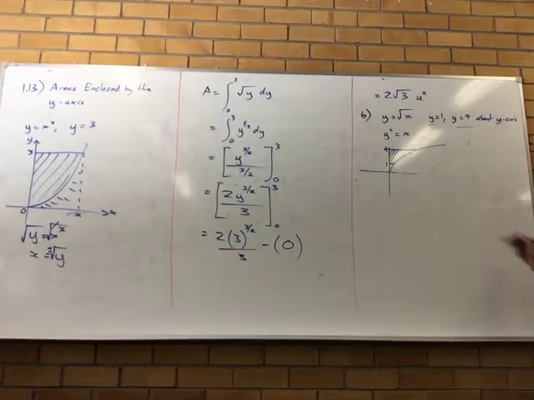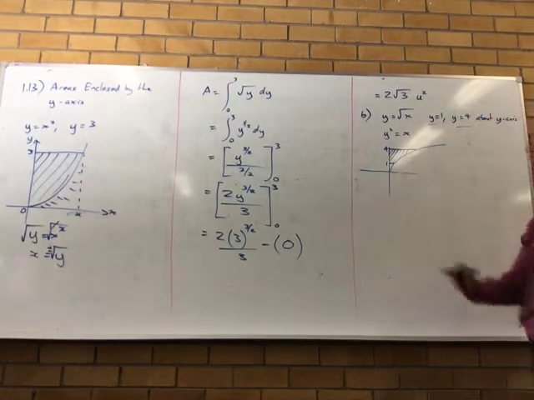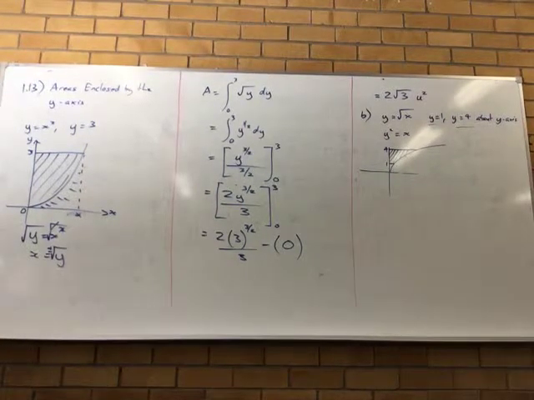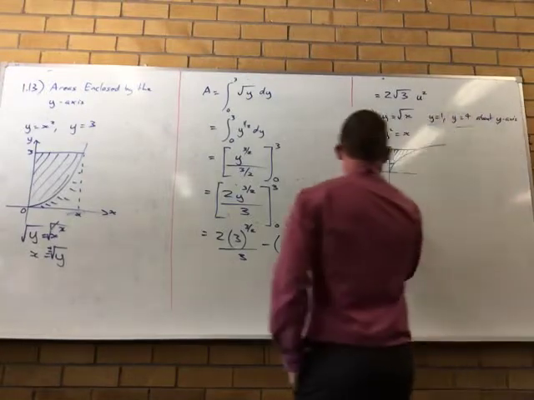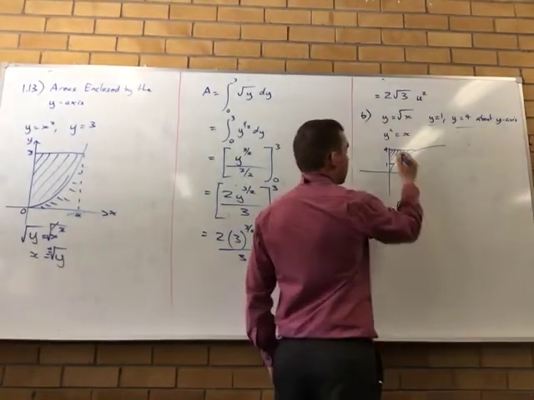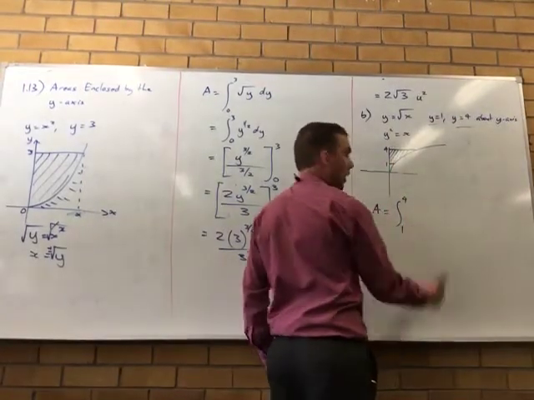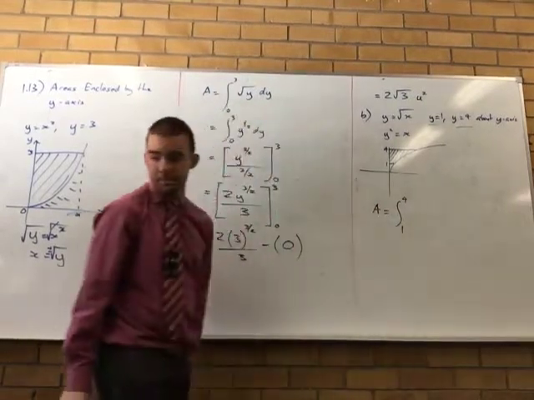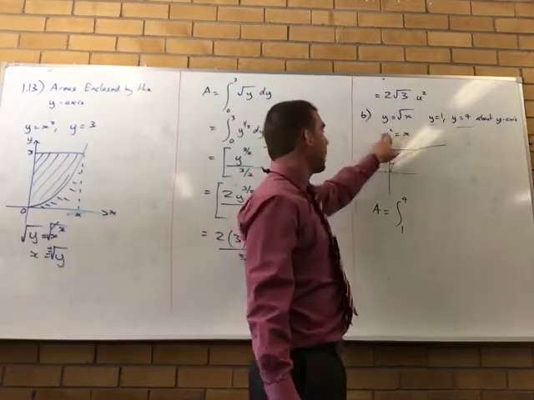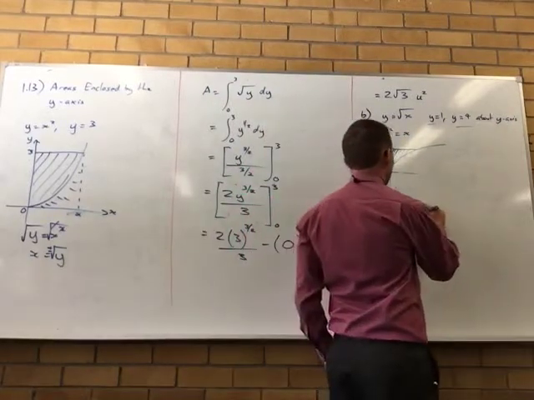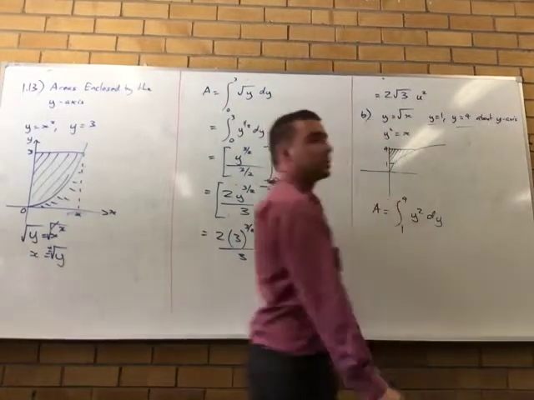So you are finding that shaded region between the curve and the y-axis. A is equal to the highest bound take away the lowest bound. Now this needs to be x the subject, so I need to write y squared, and I'm integrating that with respect to dy.